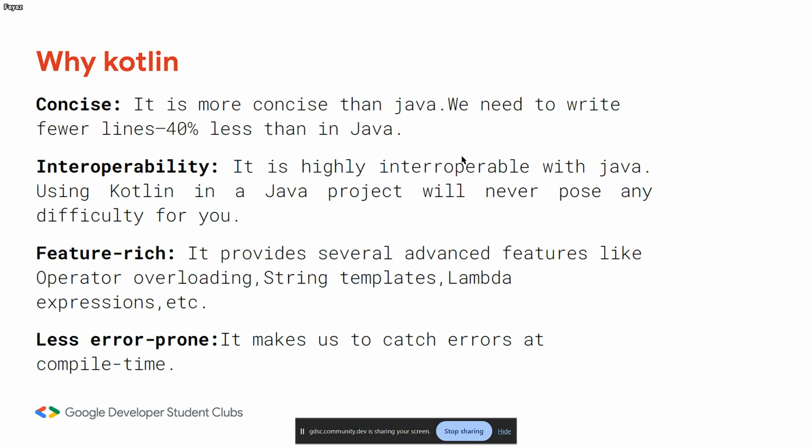For that type of errors, it shows us at compile time only. Okay, a lot of runtime errors we can get at compile time only. Then we can fix them there, and only then can we run our app. So it is less error prone, which means we don't get a lot of runtime errors as compared to Java. Okay.